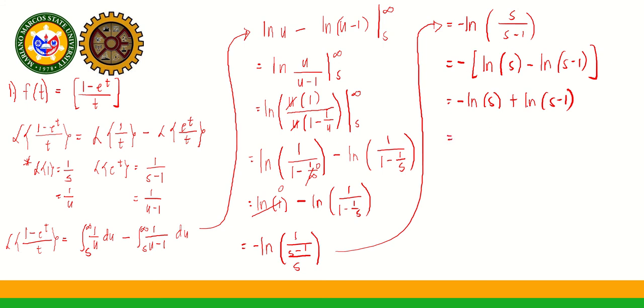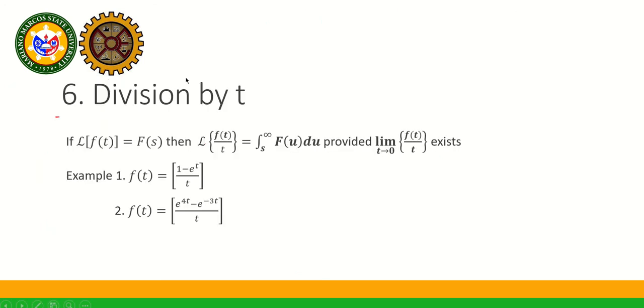So, this will be equal to ln of s minus 1 since yan yung positive. And then, over s. So, this is our final answer for example number 1 in the division by t property of Laplace transform.